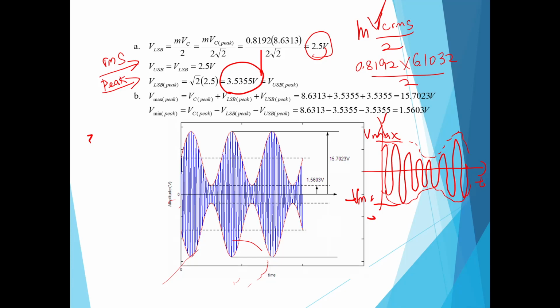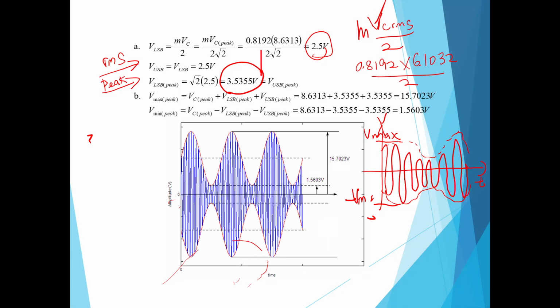Previously we got a VM peak equal to 7.0708. So if you add with the VC peak, you get 15.7023. And for the Vmin, we get VC minus VM, or VC minus VLSB minus VUSB, so we get 1.5603 volt.